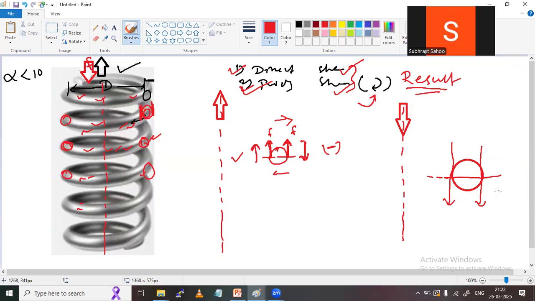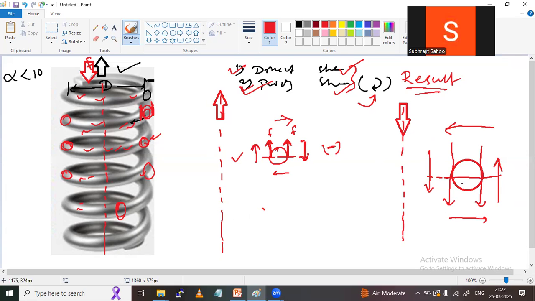Anti-clockwise direction means in this direction. Shear stress will be developed throughout the circumference of the circular section, so I am marking the shear stress here.